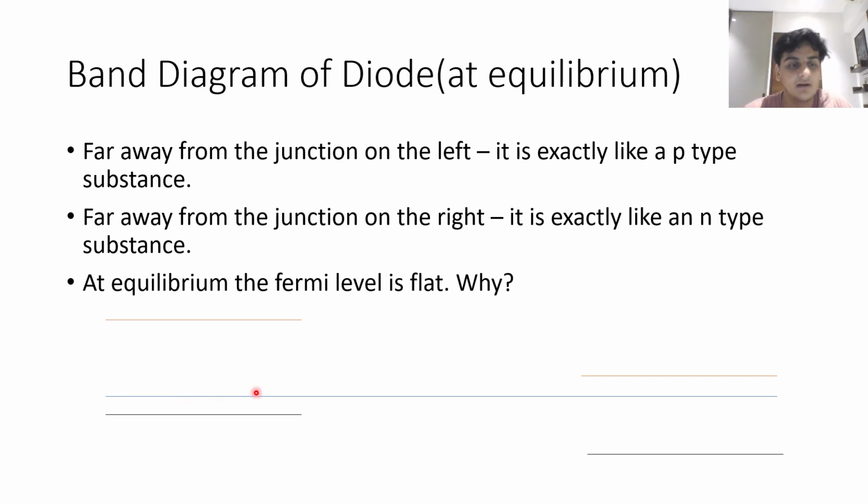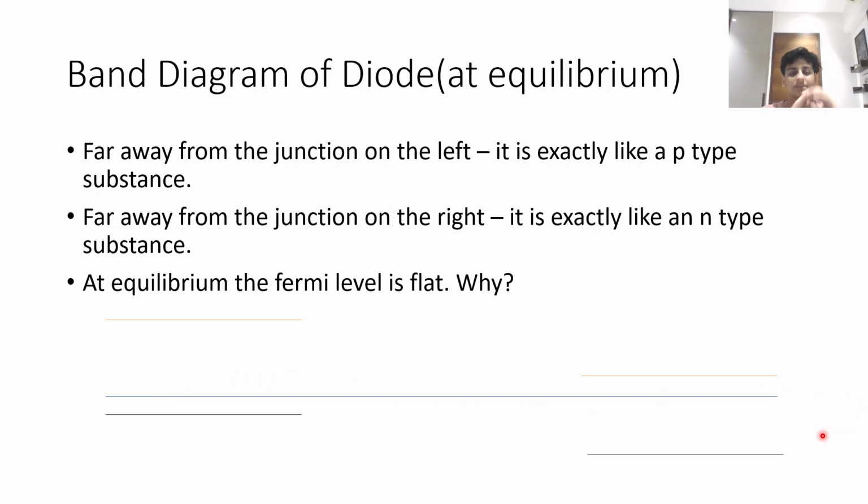So if you have a Fermi level that is high here and low over here, that means that the states on the left are more filled than the states on the right. And that means you're going to have diffusion from the left to the right, which means you couldn't have had equilibrium, right? So essentially at equilibrium, the statistical analysis of all parts of the device with respect to how many electrons there are should be the same. And since the Fermi level is the measure for that, the Fermi level should be flat.